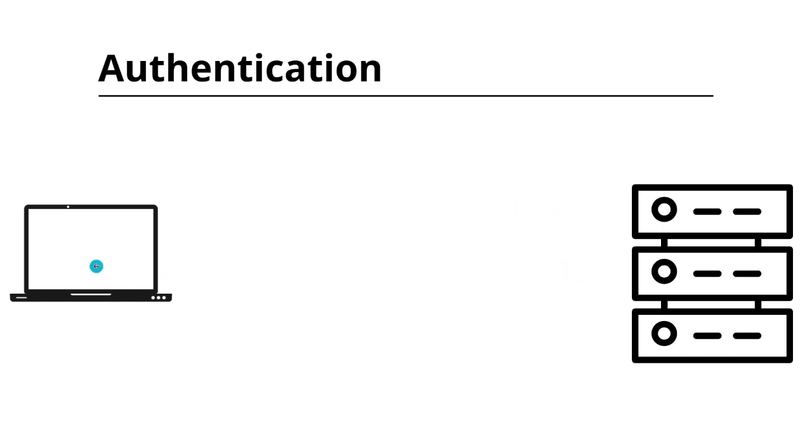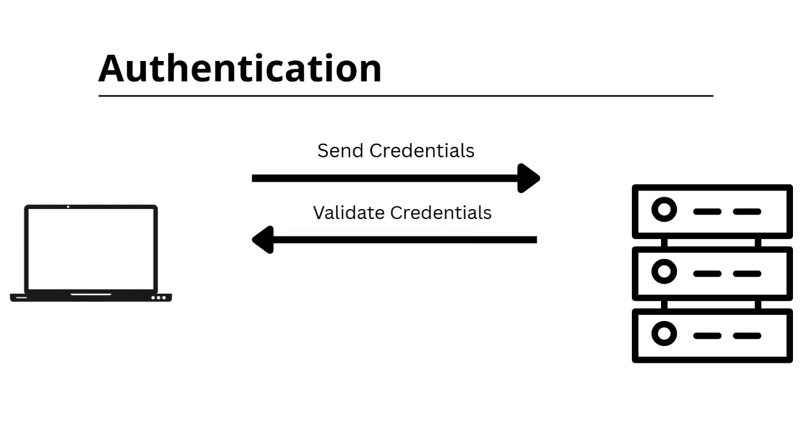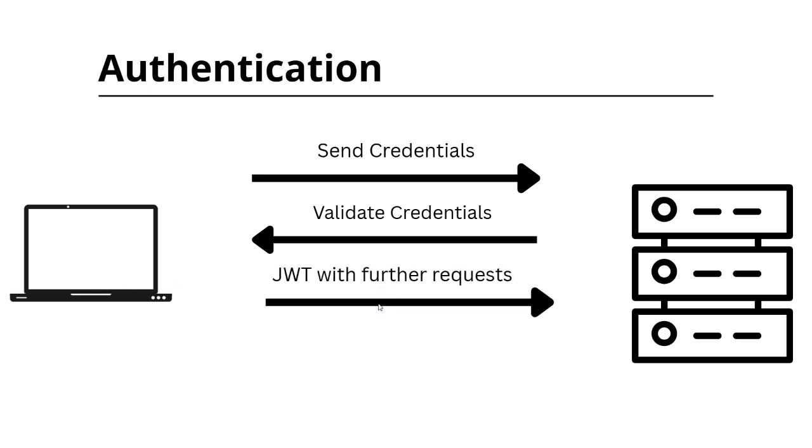Authentication. This is our client and this is a server. The client sends the credentials to the server, and the server will validate the credentials and return a token, and the client will store this token in local storage. Whenever the client sends a request to the server, it will take that token and send it to the server.